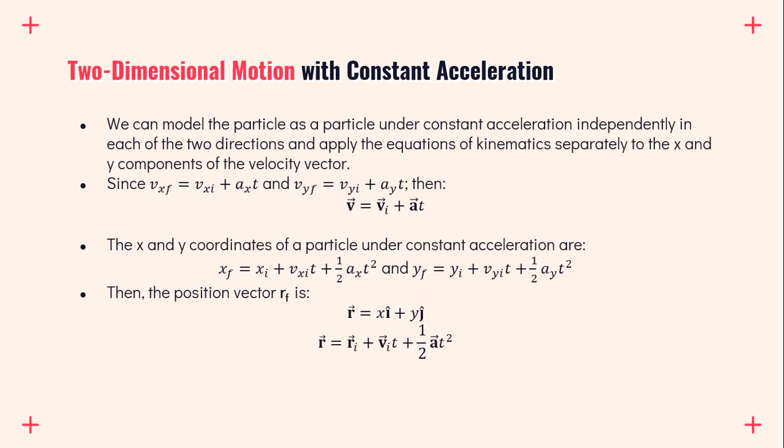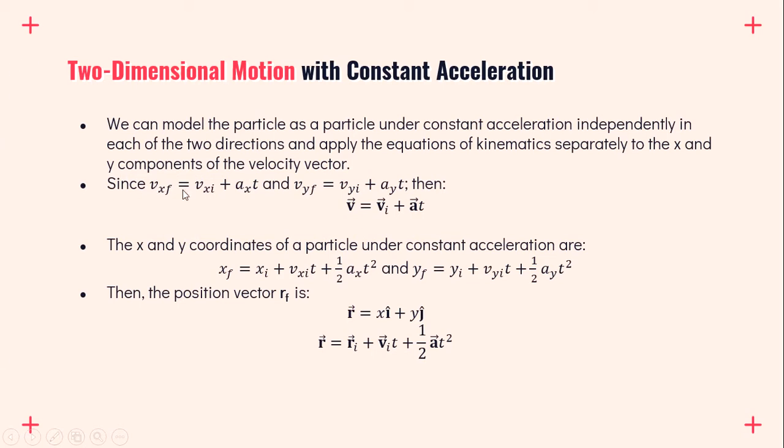We can model the particle as a particle under constant acceleration independently in each of the two directions and apply the equations of kinematics separately to the x and y components of the velocity vector.